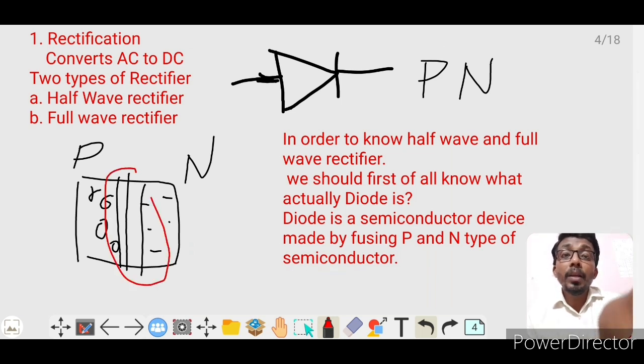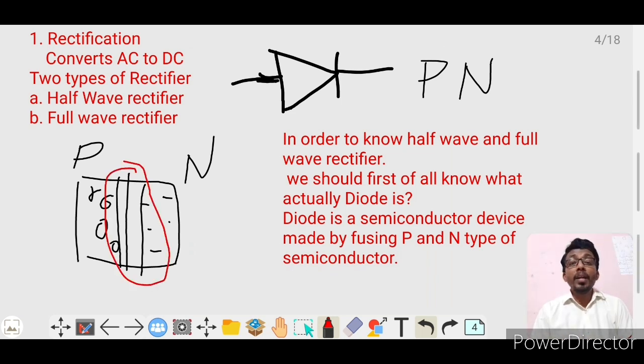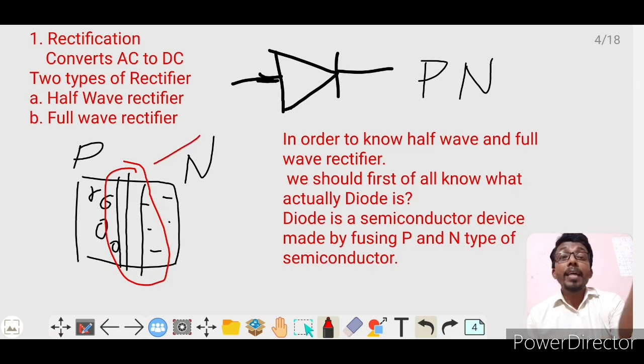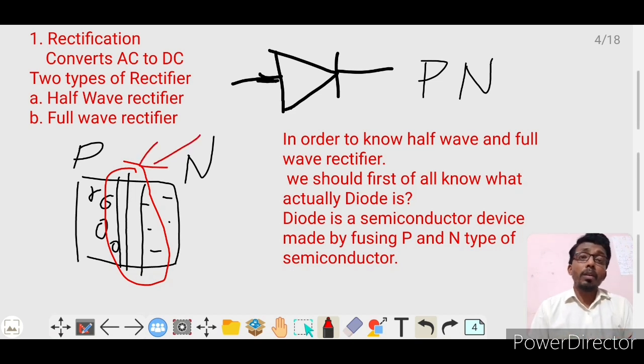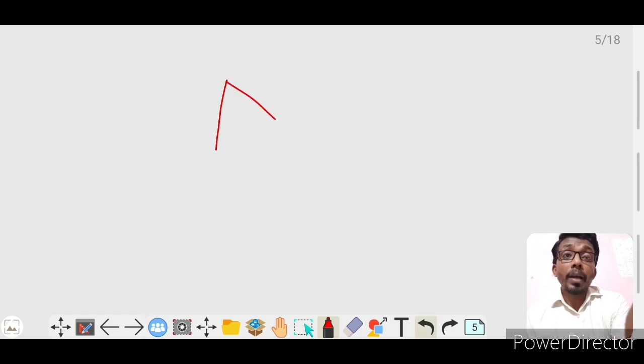This depletion layer does not have any type of charge carriers, hence we are calling it a depletion layer. Now it plays a major role in half wave or full wave rectifier. Now this PN junction diode can be either forward bias or reverse bias.